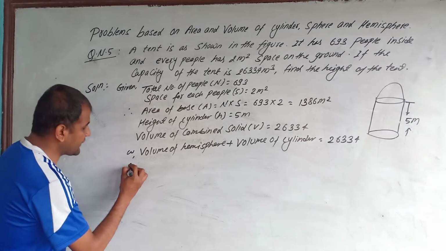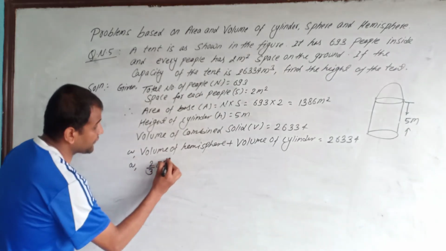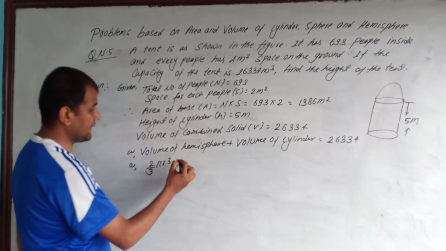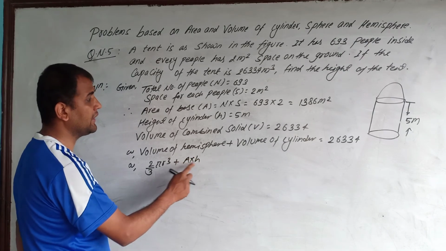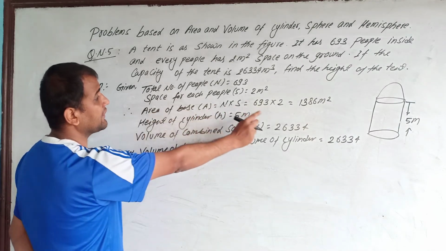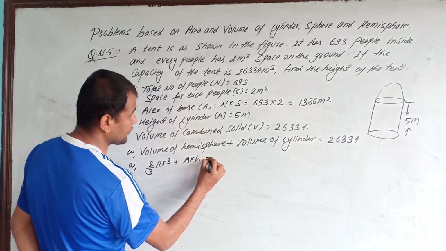Volume of hemisphere is 2 by 3 pi r cube, and volume of cylinder is A into S, A means pi r square, because the base area is given here, so we use this formula.